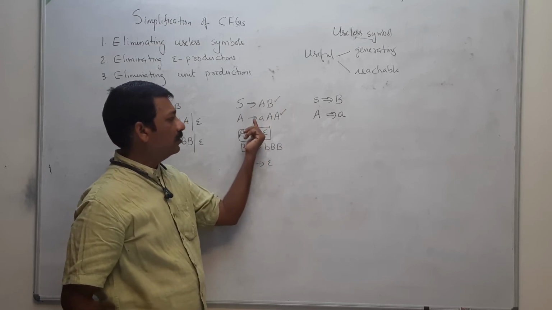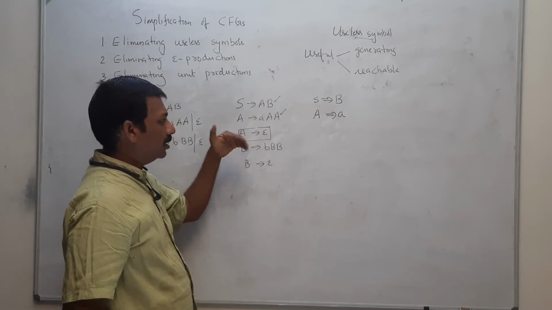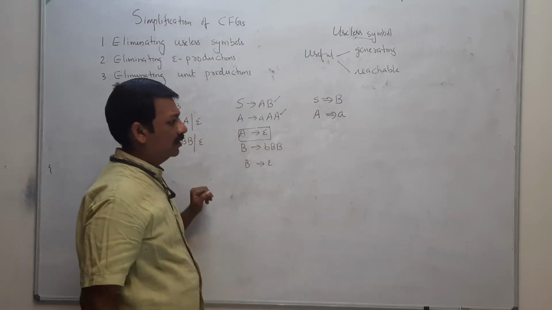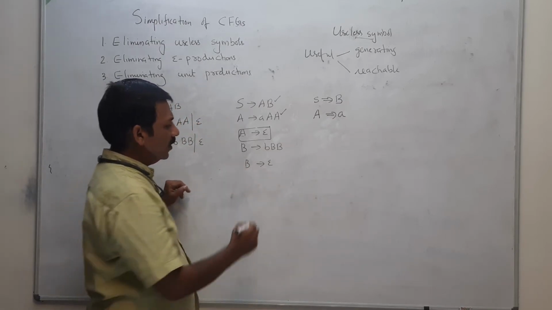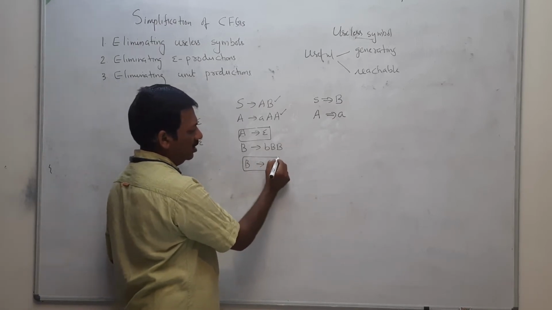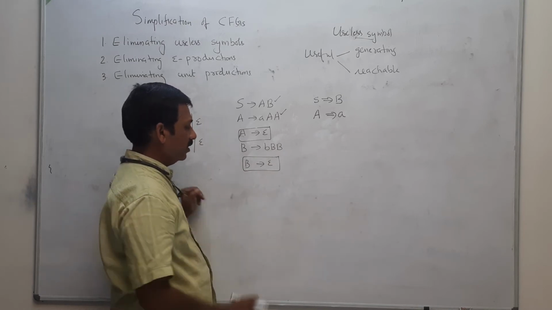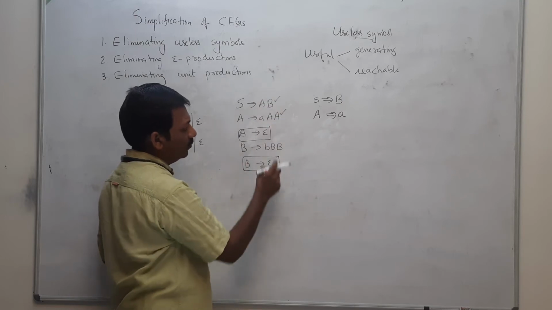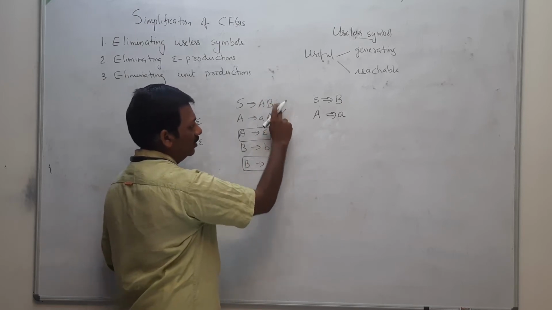Okay. Now S derives B, A derives A. Now if you are eliminating B derives epsilon, then you have to look for B's on the right hand side.